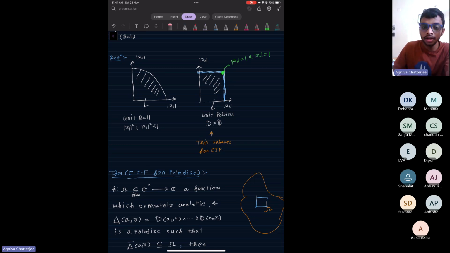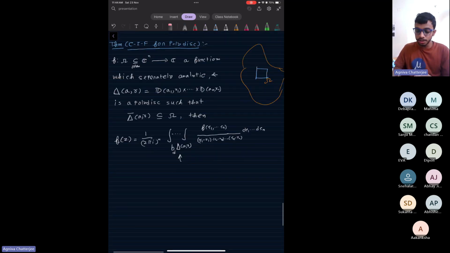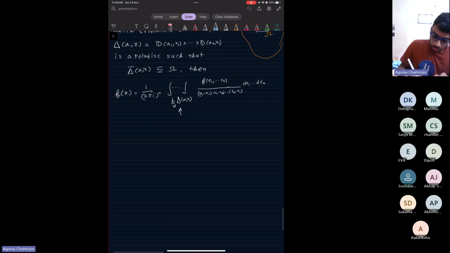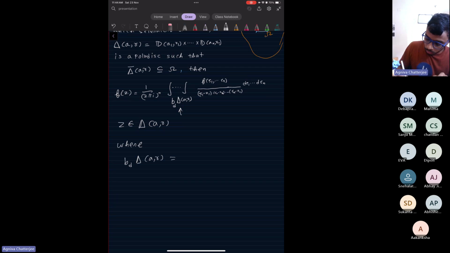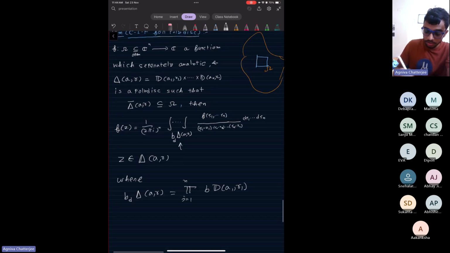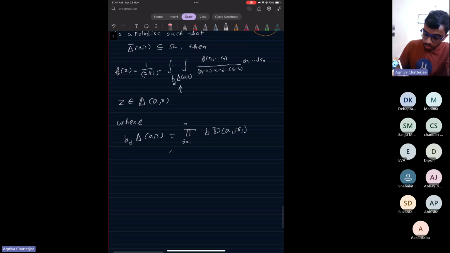It's a circle cross circle, right? So I'm integrating over that. For z in Δ(a,r), the set bΔ(a,r) is just a product of circles, the boundaries of these disks. This is known as the distinguished boundary.